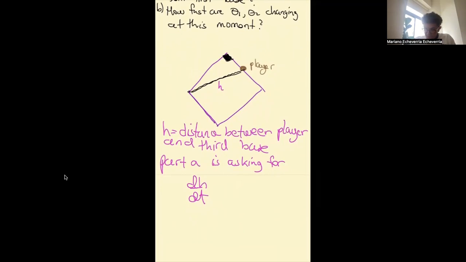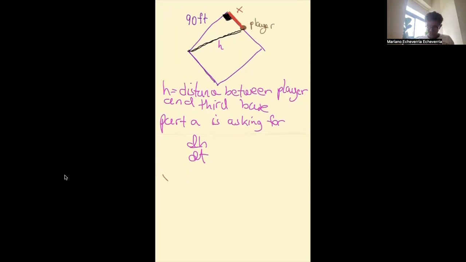So here's a side that's equal to 90 feet. And then this we could call X, right? The distance from the player to second base. Okay, so X is the distance. Is that making sense?